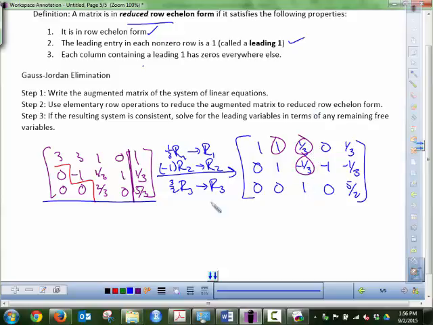Or we can just, so once you have the leading ones, then you can kind of backtrack. Let's say you want to get rid of this 1/3. So I'm going to take the third row and multiply it by positive 1/3, and then add it to the second row, and then replace the second row by that.